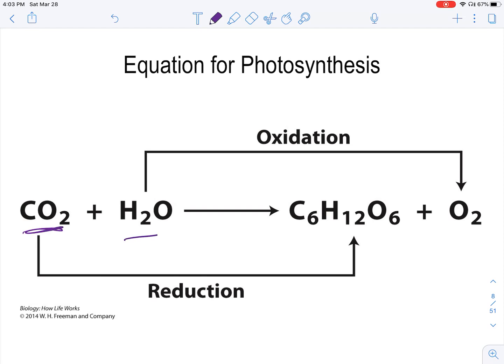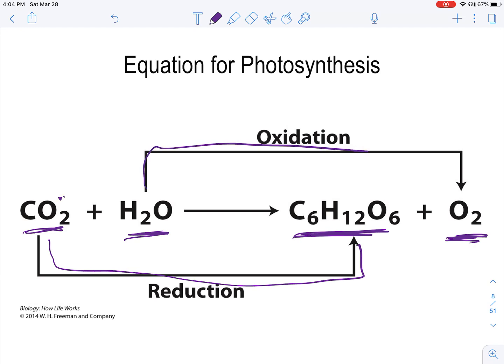We have carbon dioxide and water and the energy of sunlight, and then we form a sugar and molecular oxygen. So here what's going on is that we are reducing carbon dioxide. Carbon dioxide is very oxidized. We're reducing carbon dioxide and we're oxidizing water in this process.